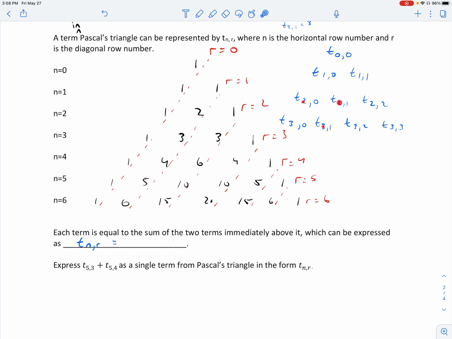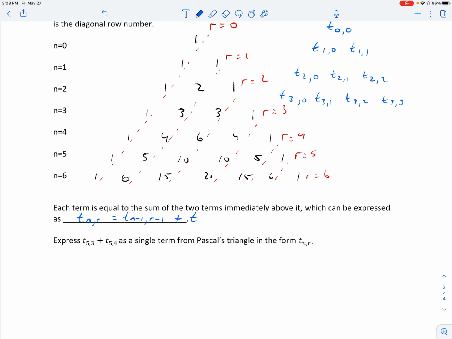So this would be T of n minus 1, that means the row just above, and the diagonal is also moved one over to the left, so it's r minus 1. And then the next element would be T, the row just above, and then in the same diagonal r. So this is the formula that you could use to find any element in the array.